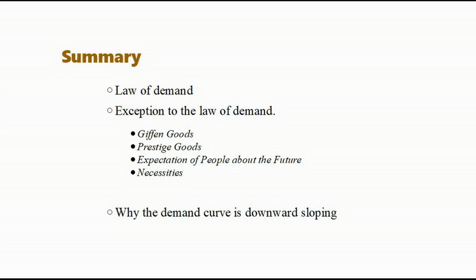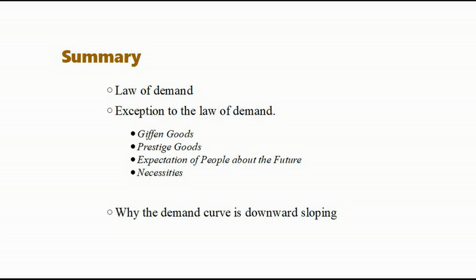And this condition occurs in the case of Giffen goods, prestige goods, expectation of people about the future, and in the case of necessities. Giffen goods are special types of inferior goods which have low price. Whenever there is an increase in the price of such commodities, their demand will not decrease. Consumers will purchase those types of goods without affecting their purchasing power, even if there is an increase in price. That gives us an upward sloping demand curve.